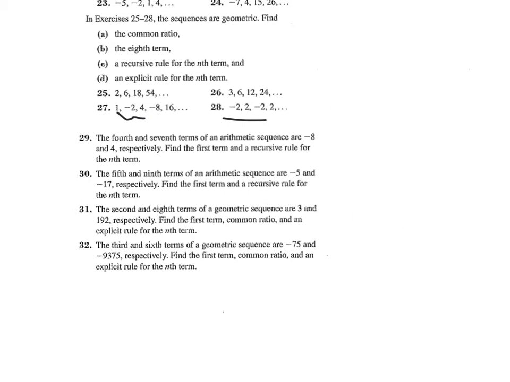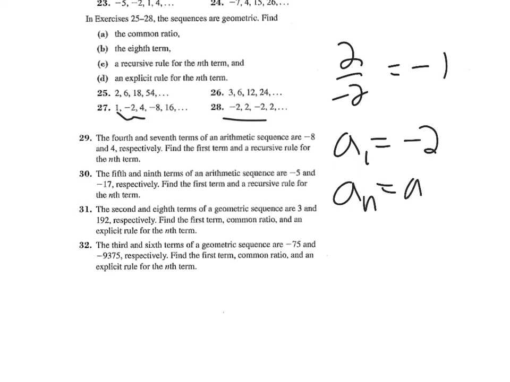So I'm seeing, let's see, 2 over negative 2 is negative 1, so r is negative 1, right? We don't have to do too much more for that. So a sub 1 is the first term, and the recursive rule is the next term equals the last term times negative 1 in this case.